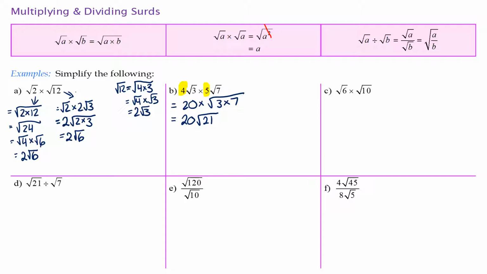In the next one, square root of 6 times square root of 10. Neither of those have a factor that's a perfect square, so I would go straight to being the square root of 6 times 10, which is the square root of 60. From there, I think to myself, okay, what's a perfect square of 60? You might need to go to your calculator and start dividing by perfect squares.